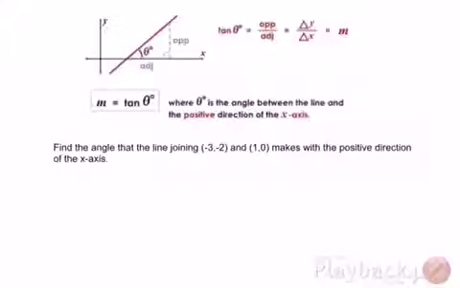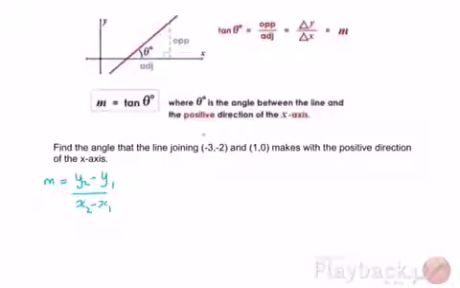Okay. Find the angle. If I was asked to find the angle that the line joining (-3, -2) and (1, 0) makes with the positive direction of the x-axis, these are the steps that I need to follow. First of all I'm going to work out what the gradient is using my 2 points, because I know that the gradient is equal to tan of theta, and I'm trying to find the angle. So I'm going to say that m is equal to y2 minus y1 over x2 minus x1.